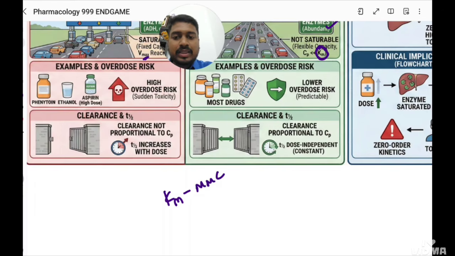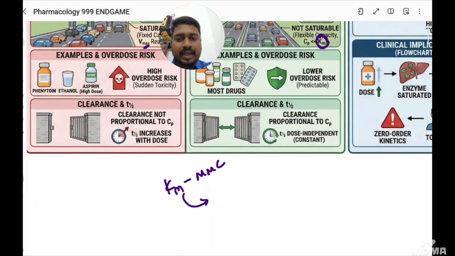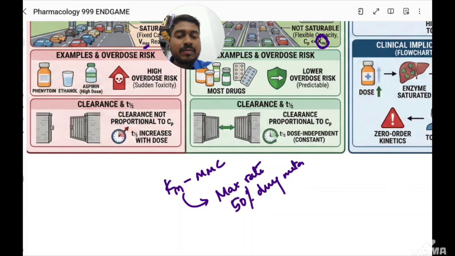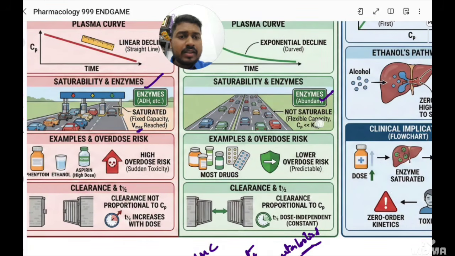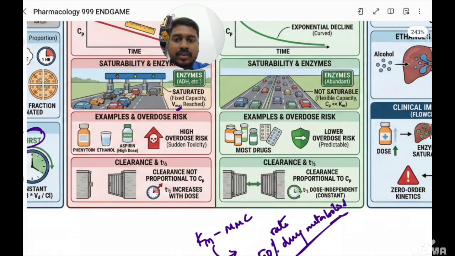Km is indirectly related to the rate, the rate at which 50% of the drug is metabolized. That is called the Michaelis-Menten constant. So the concentration of drug is very less compared to Km. That means the saturability of the enzyme is very less, which means it has more capacity to process the substrates. So it doesn't reach that saturation point. So this is for first order kinetics.